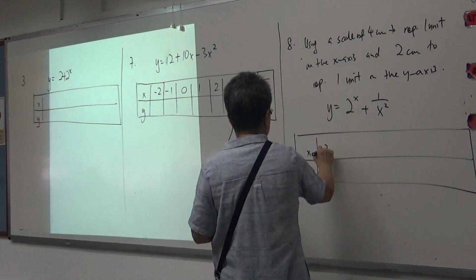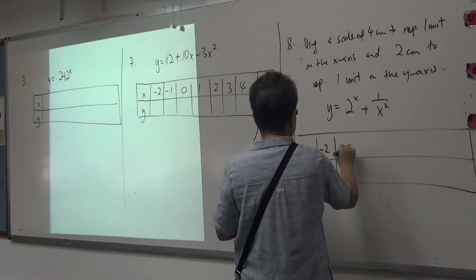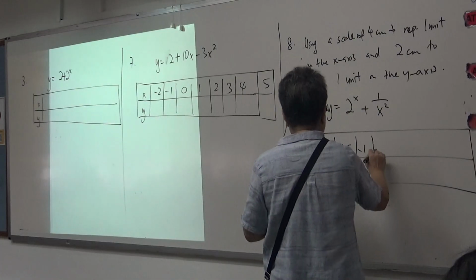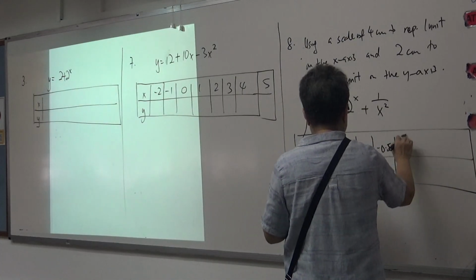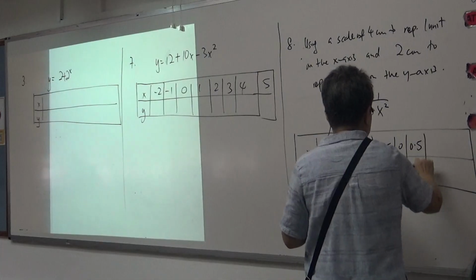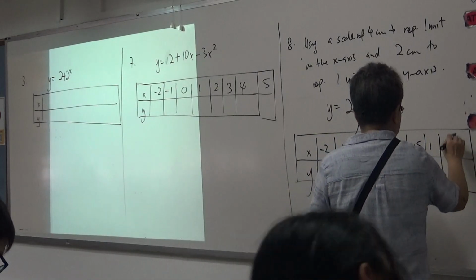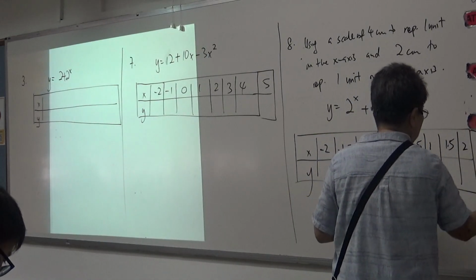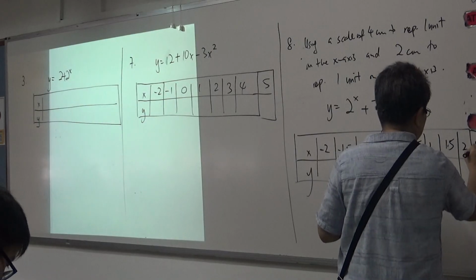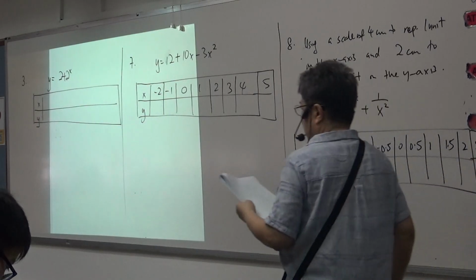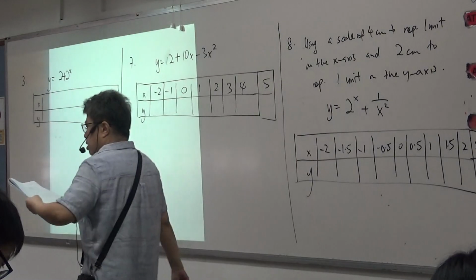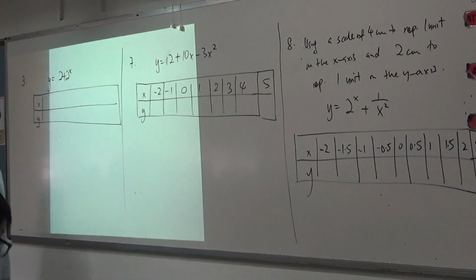Okay. -2, -1.5, -1, -0.5, 0, 0.5, 1, 1.5, 2, 2.53. Now I say already, if it's not exact, you give me 3 significant figures.